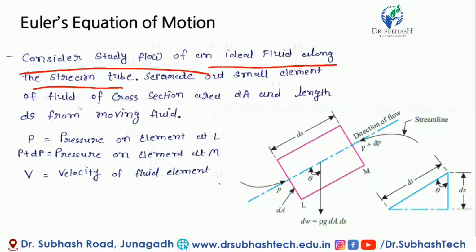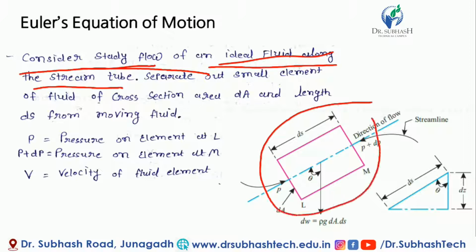First of all, we consider the steady flow of an ideal fluid. Then we separate a small element of cross-section area dA and length ds.